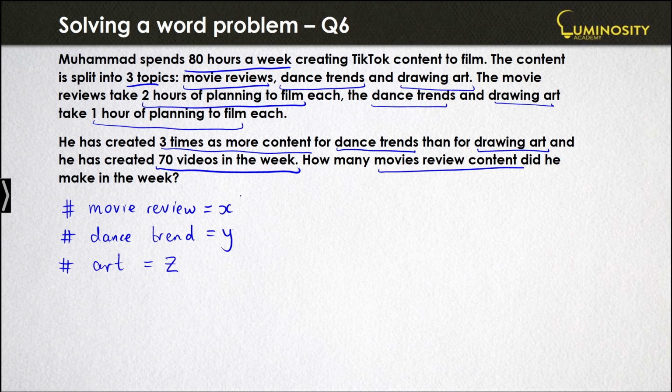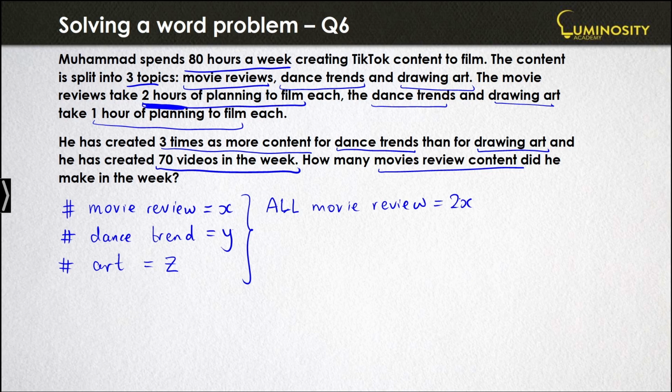Using this information and the variables we've set up, we can now create some more variables. We know that each movie review takes 2 hours of planning. So if he makes X amounts of those movie reviews and they each take 2 hours, then the total time to create all the movie review content will be 2x.